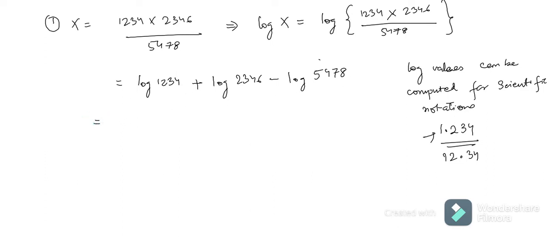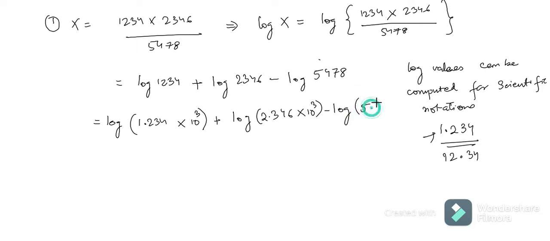So how will we write? It equals log 1.234 into 10 cube plus log 2.346 into 10 cube minus log 5.478 into 10 cube. Now again a into b, so we will be expanding it again. All these things can be done earlier, but I'm trying to show you how you can do it in the middle of a calculation. So what will it be?